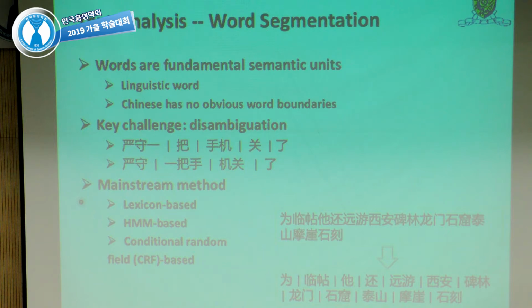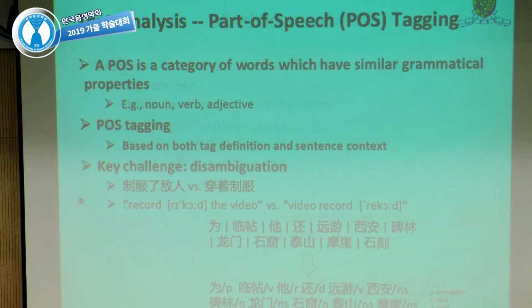The mainstream method is lexicon based. We can search in the dictionary for the words, and then we can obtain the boundaries. But in some cases there is still some disambiguation, so we also need to rely on longer context. And this is the common topic running through the different components of the front end, because we need more context to solve the disambiguation.